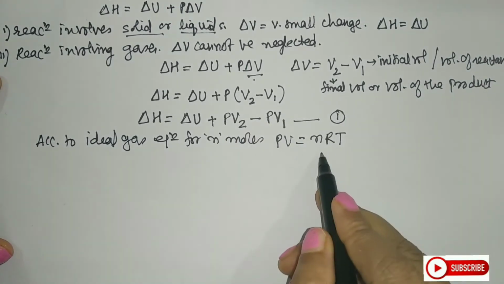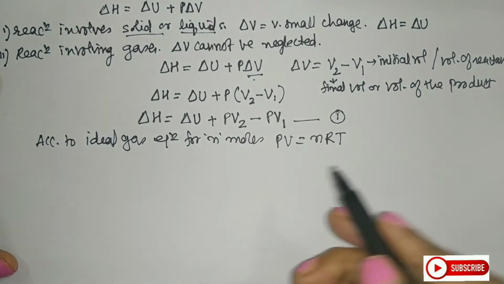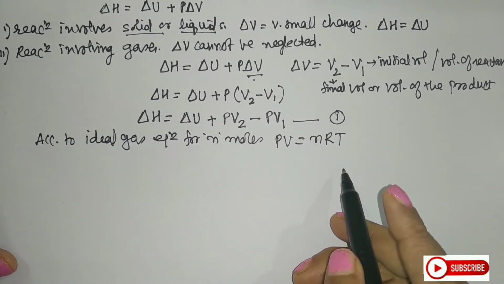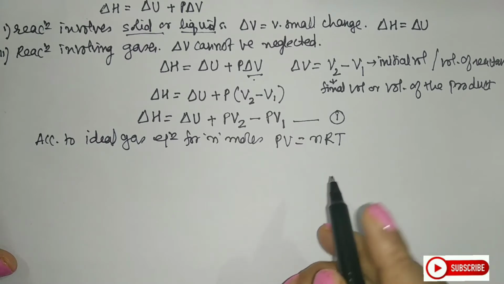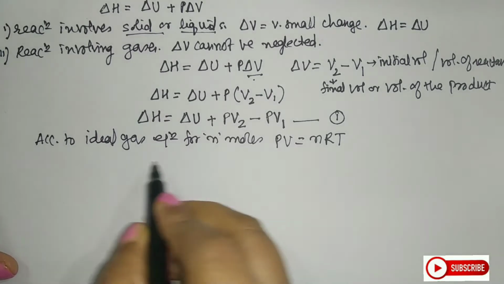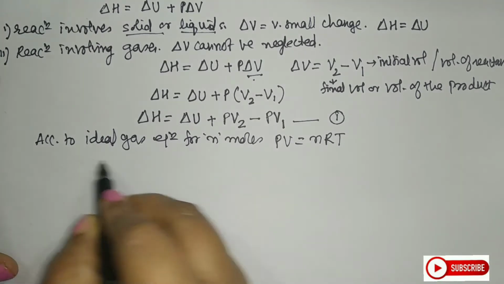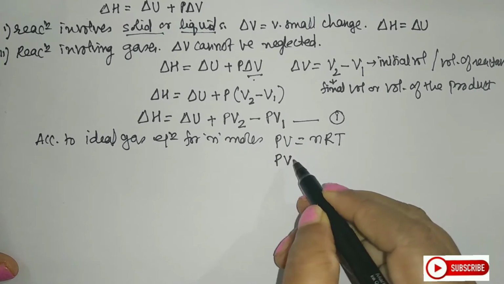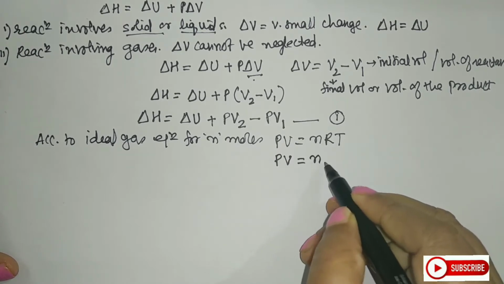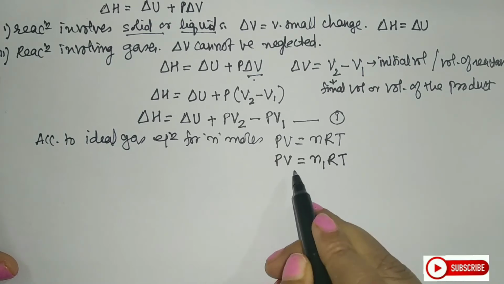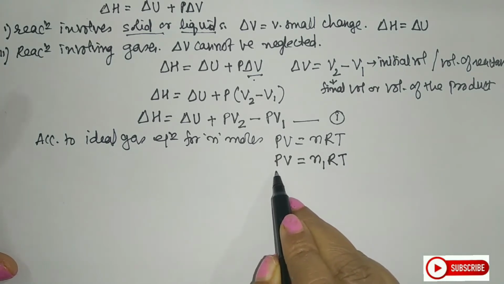So let us make this equation also in initial and final state, considering N1 as the moles of the gaseous reactants and N2 as the moles of the gaseous products. So the equation in the initial state, I can write as PV1 is equal to N1 RT, because students, I said that pressure will remain constant when you are studying enthalpy.